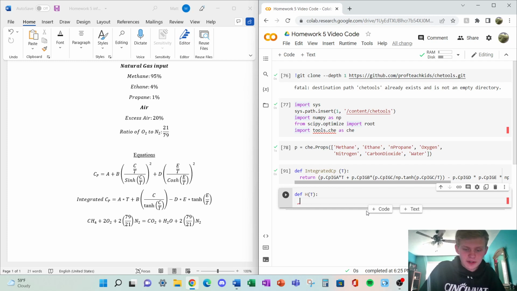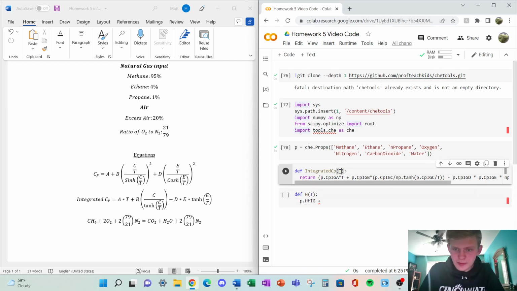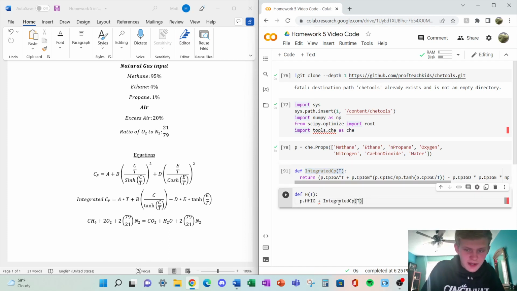Then we're going to have our heat of formation, or enthalpy of formation. It's going to be capital H, the enthalpy of formation of an ideal gas, plus our integrated heat capacity function, minus its initial value.